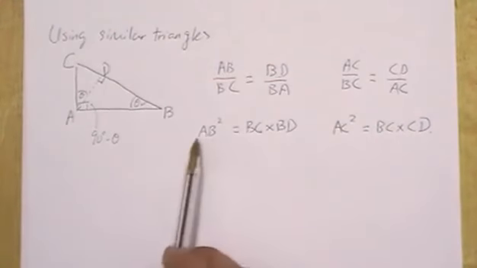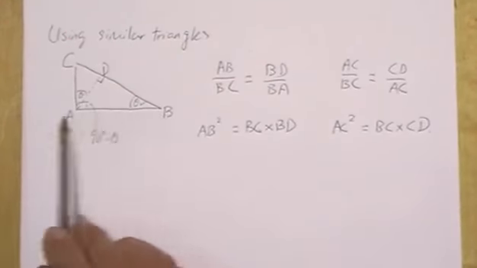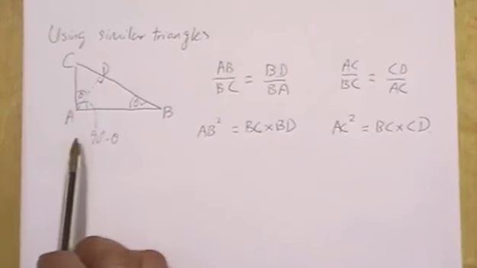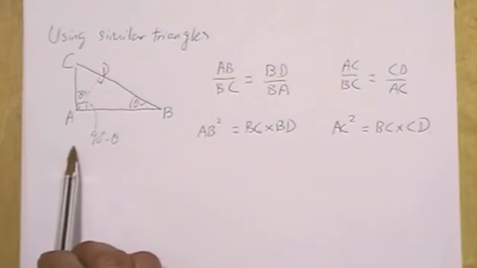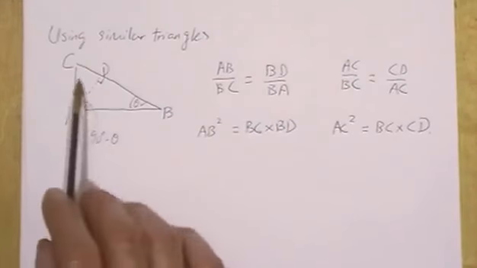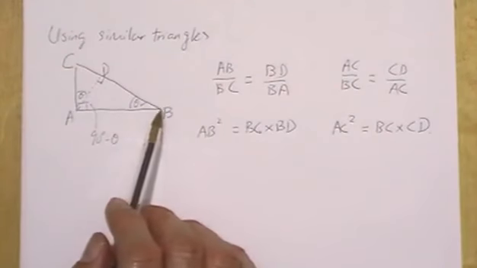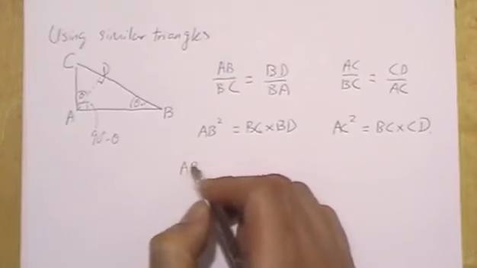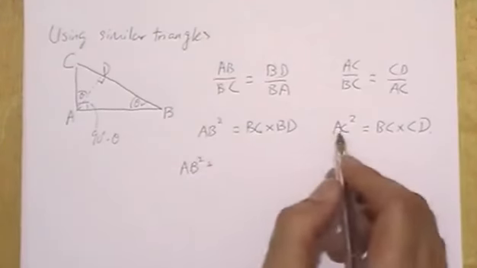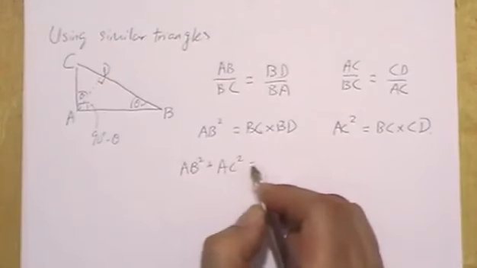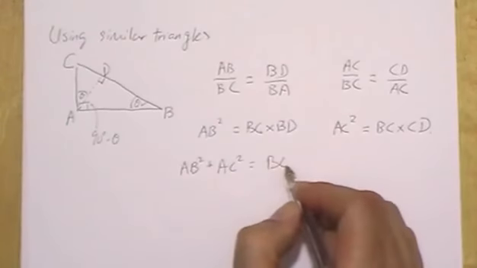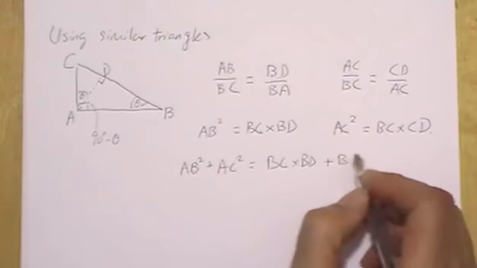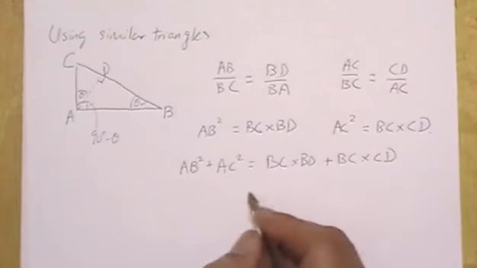Now let's see where we are heading. AB is this, so now we have this side squared. AC is that, so we have that side squared. Since Pythagoras theorem is about the sum of the two shorter sides, let's add these two up and see what happens. AB squared plus AC squared is equal to BC times BD plus BC times CD.